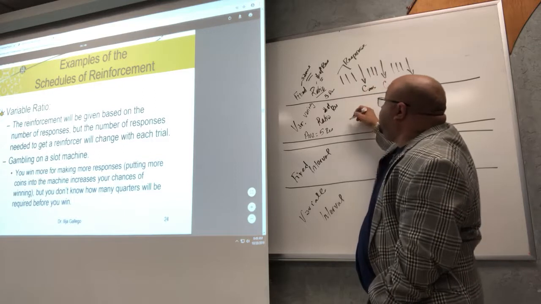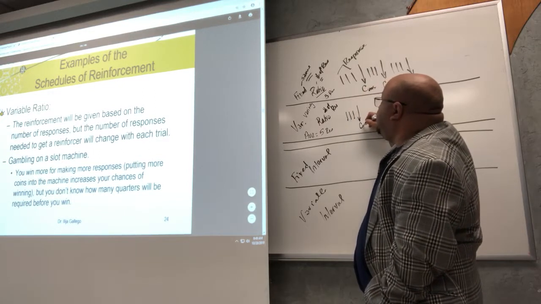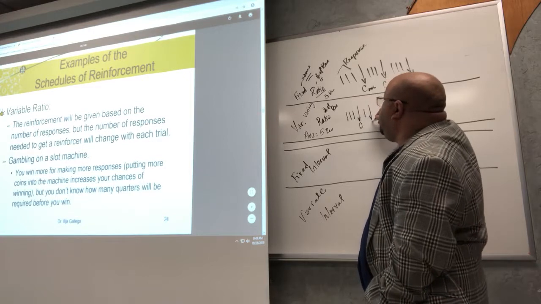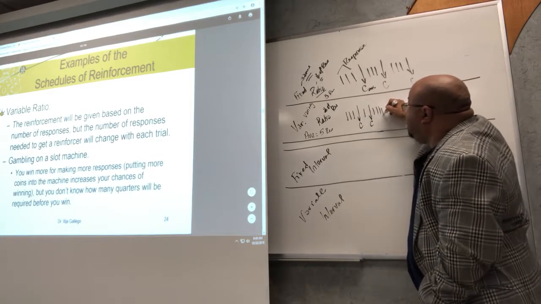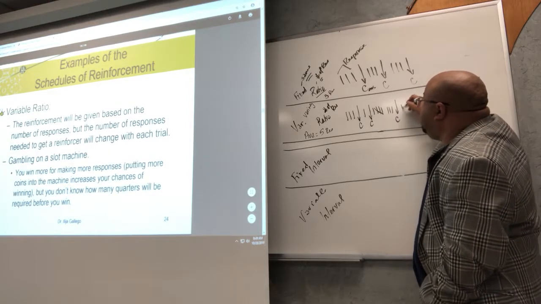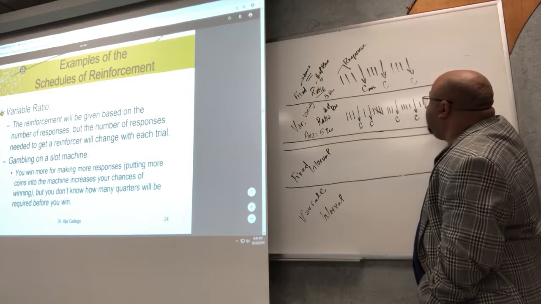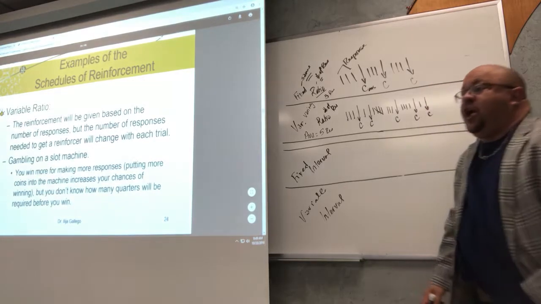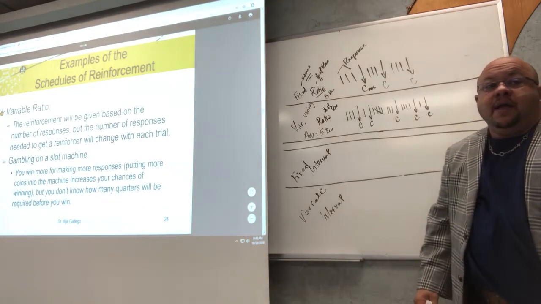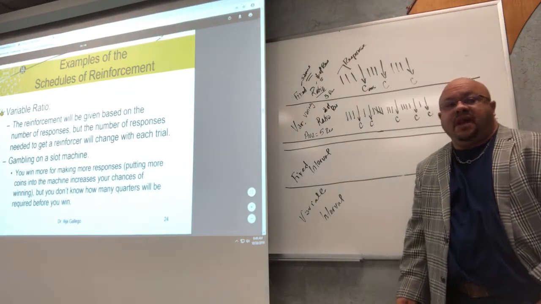Sometimes after 3, the learner might get a consequence. Sometimes after 1. Sometimes the learner has to make 8 responses before they get a consequence. Then maybe 4, and they get a consequence, and 1, and they get a consequence. They just never know. But at the end of the day, the average will be 5.